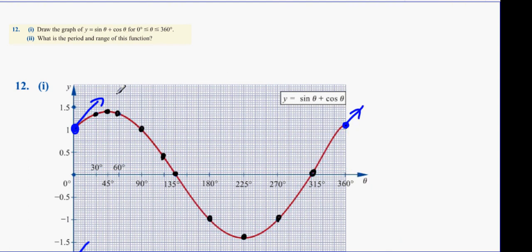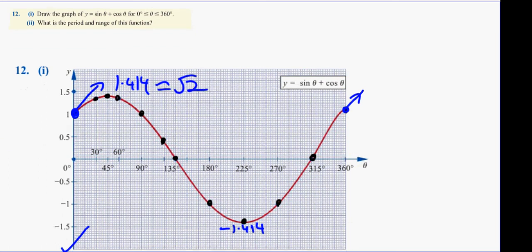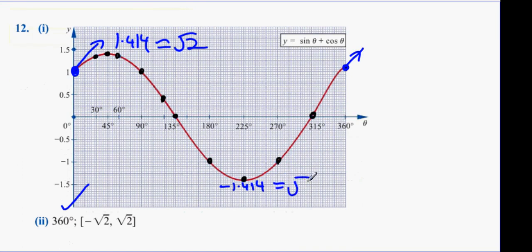So it's going to be 1.414 on top and minus 1.414 on the bottom. Now guys, 1.414 is actually the same value as root 2. You wouldn't lose marks if you didn't know that. So you could also write this answer as minus 1.414, 1.414. Okay, that's that answer there.